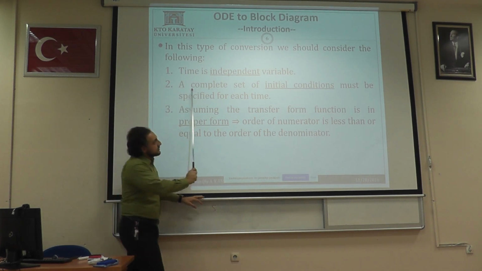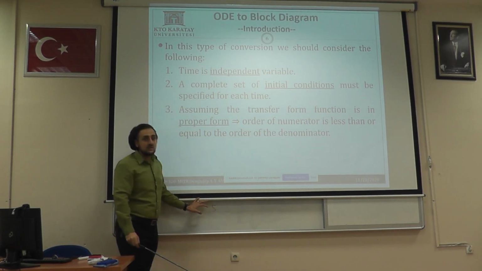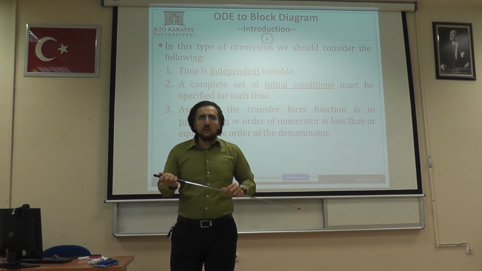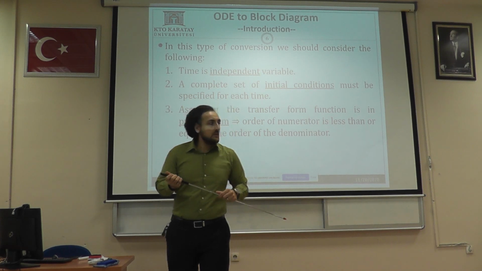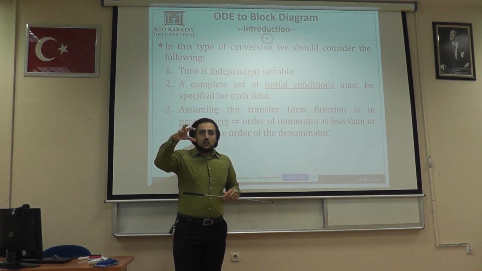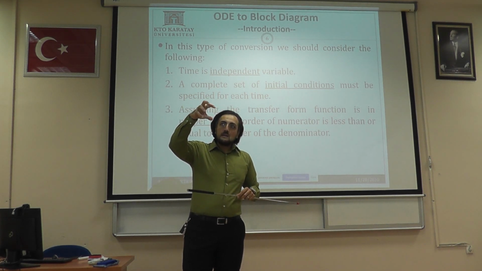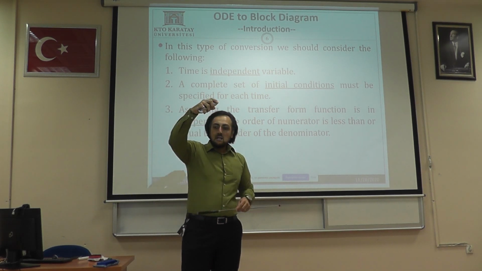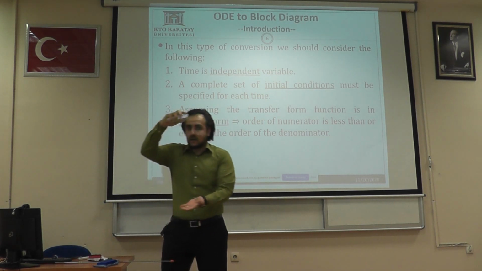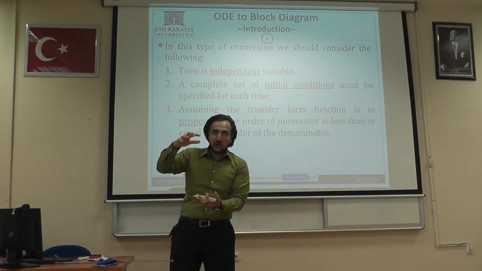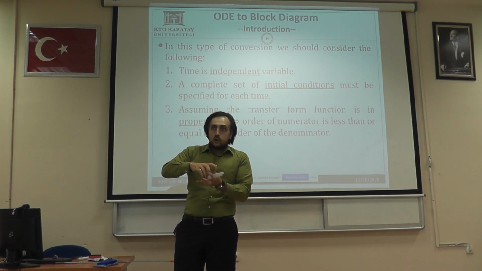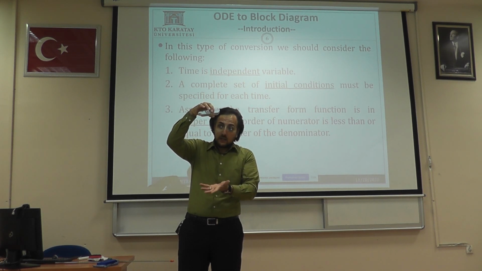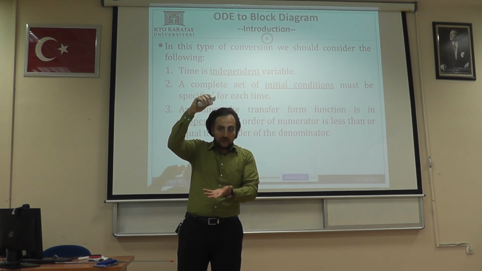Second, a complete set of initial conditions must be considered. You know, for example, if I have a ball, for example, like this, and I want to throw it in this way. Okay, I want to throw. What is the initial speed here? Zero. But if I push, what will happen if I push?